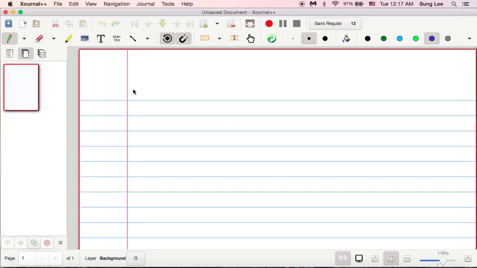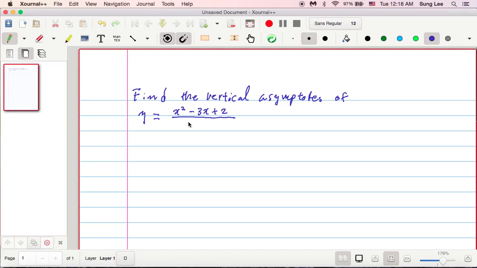So we want to find the vertical asymptote of the function y equals x squared minus 3x plus 2 all over x cubed minus 4x.